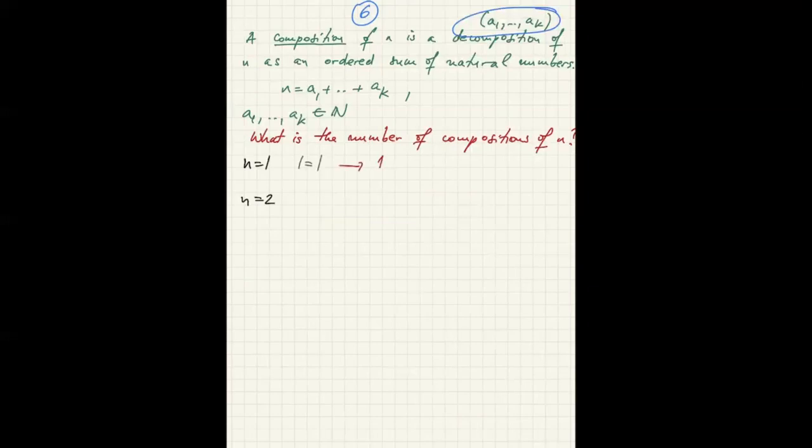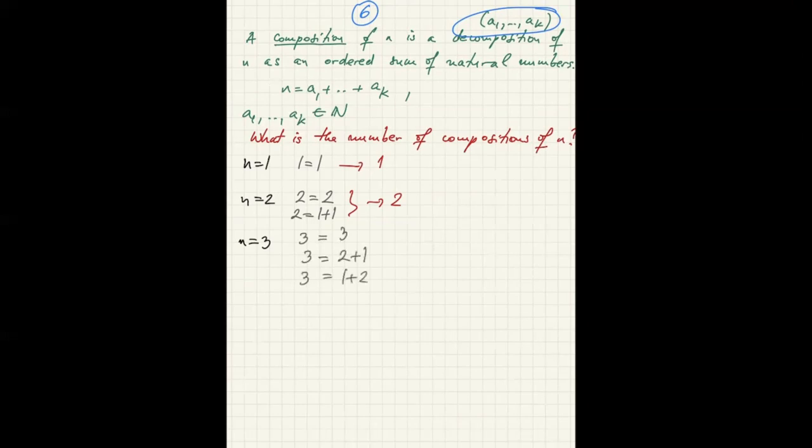When n equals 2, you can write 2 as 2 itself, and you can also write 2 as 1 plus 1. So the answer is 2. What happens when n equals 3? You can write 3 as 3, or as 2 plus 1, or as 1 plus 2.